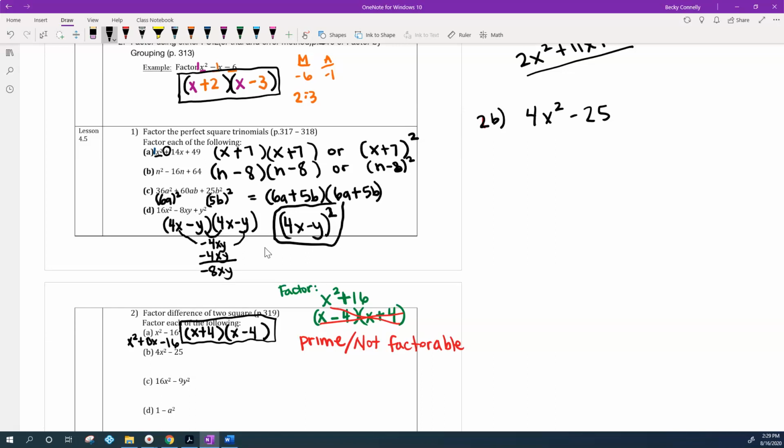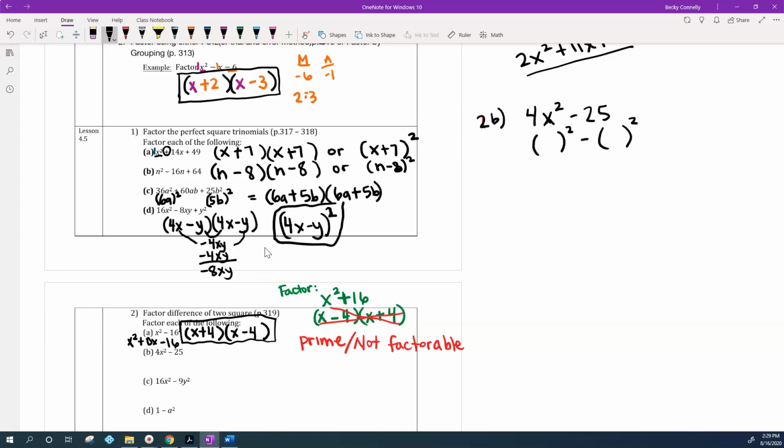All right, so I'm looking at this and say, okay, I can tell that these are both perfect squares. 4 is a perfect square, 25 is a perfect square. But I'm going to rewrite these again as something squared minus something squared, so that it's in that form of the a squared minus b squared.